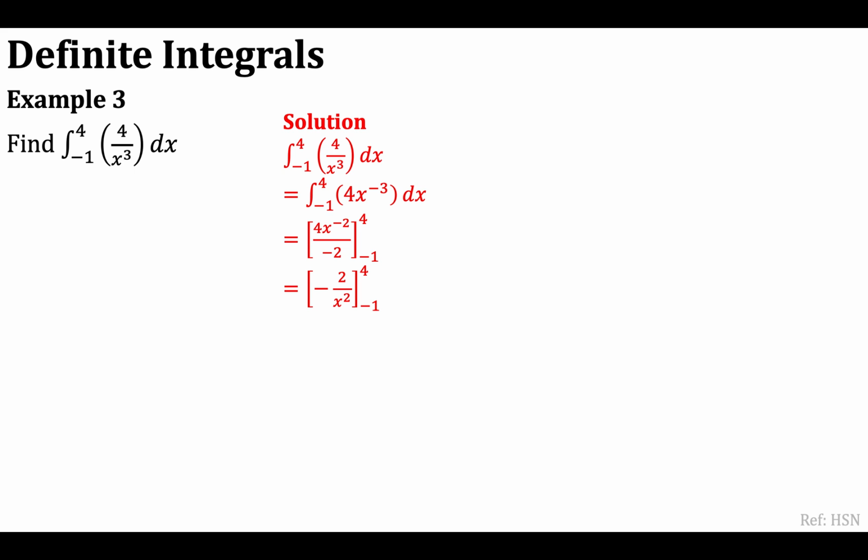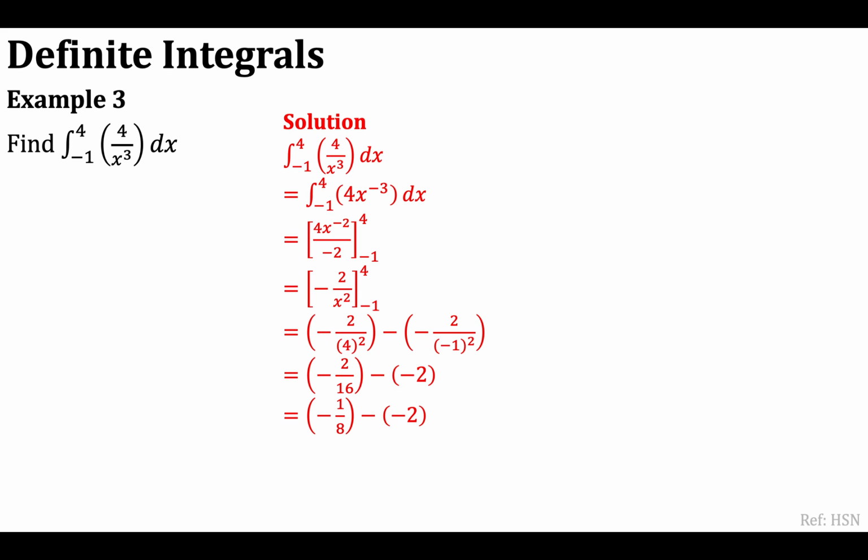So it's -2 over x squared, and we're going to substitute in 4 and then subtract the same expression with -1 substituted in. So we get -2 over 4 squared minus -2 over -1 squared. First bracket gives us -2/16 in the first instance. The second bracket gives me -2, so it's -2/16 minus -2.